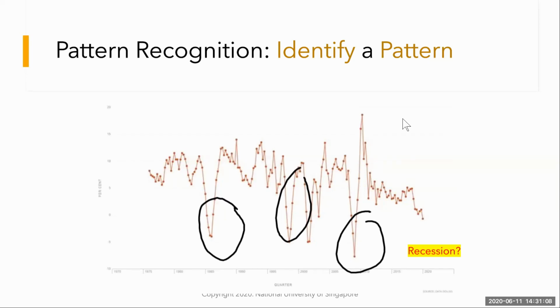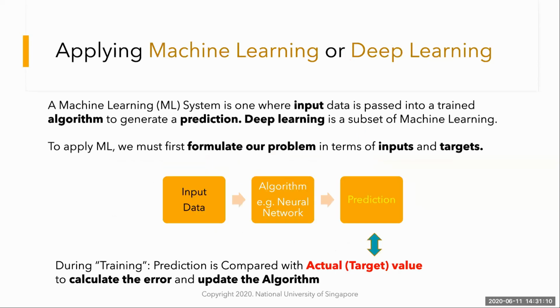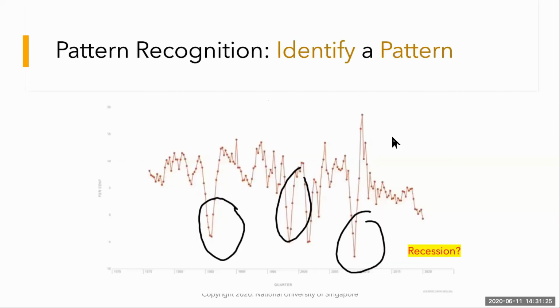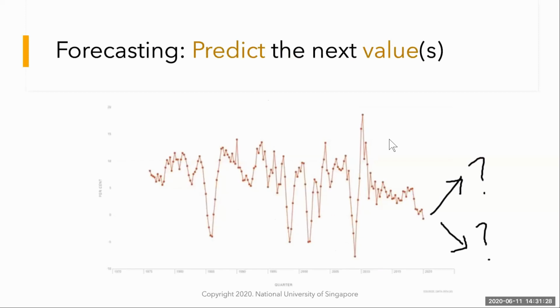So we'll look at these two. Before we do that, I need to set some basic knowledge here. In order for you to apply ML or deep learning, you have to figure out how to formalize a problem like this into machine learning terms.